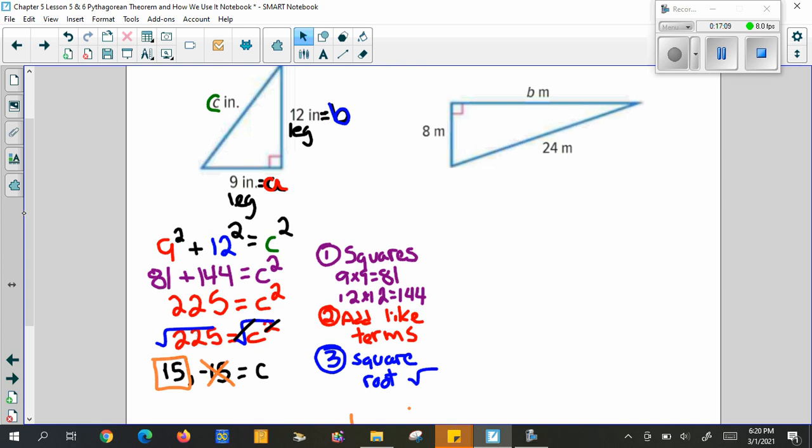First, we need to go ahead and find which sides do we have. I have B as a variable, so I'm finding a leg.